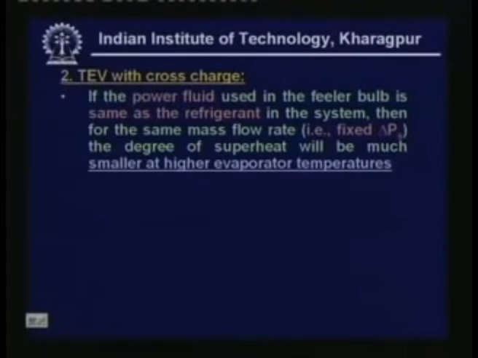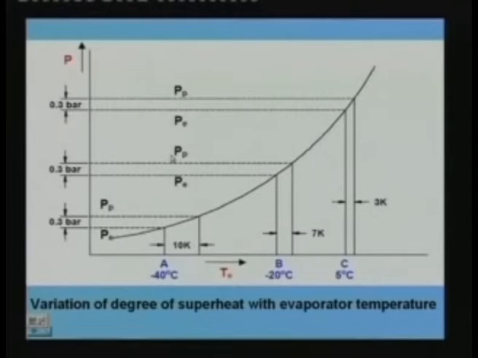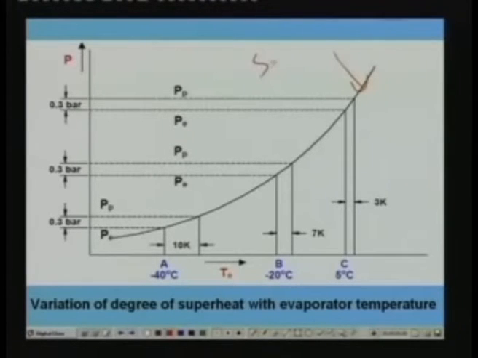Let me show this with the help of a schematic. This is the saturation curve, that is Psat, and this is pressure versus temperature. Let us say that I have fixed the spring in such a way that I get a delta PS due to spring.